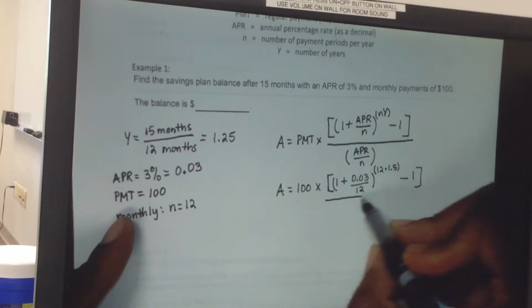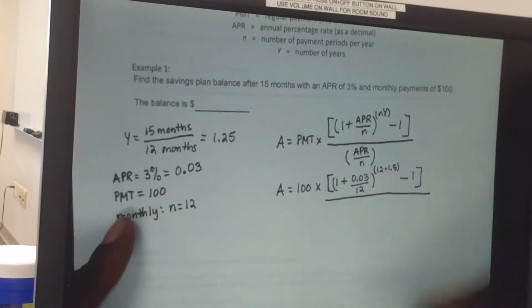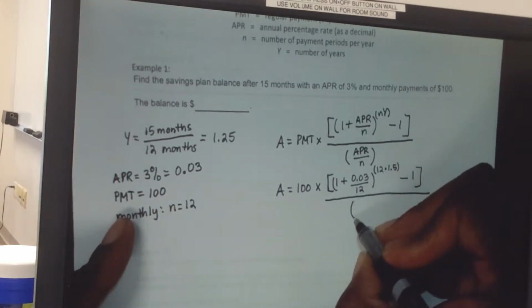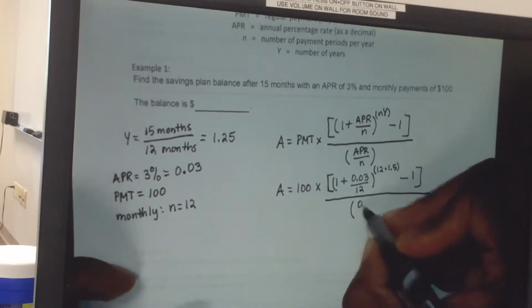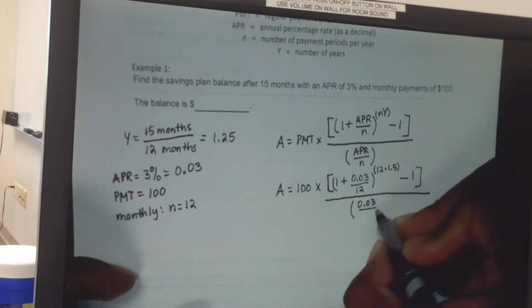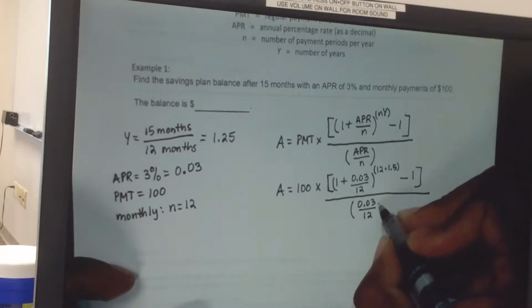That's going to be the numerator. Now what's in the bracket will be divided by APR divided by N. Your APR is 0.03 divided by N, that's going to be 12.